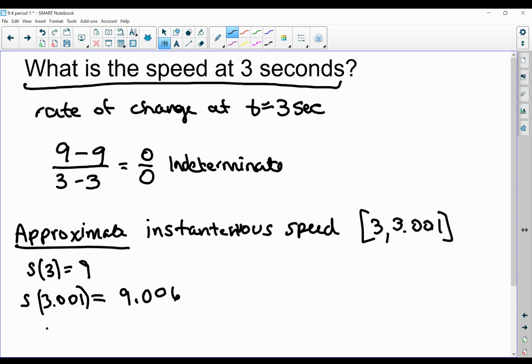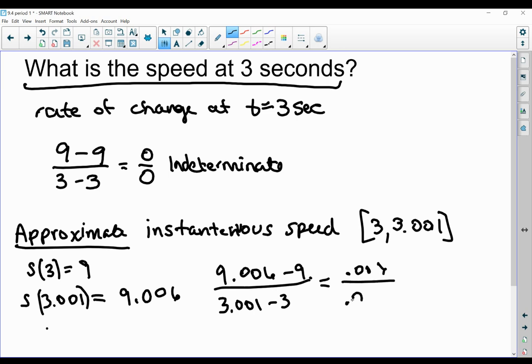That gives a difference of .006, and then I'm going to find the rate of change between those two positions over the time elapsed, which gives me 0.006 divided by 0.001, which is about 6 feet per second.